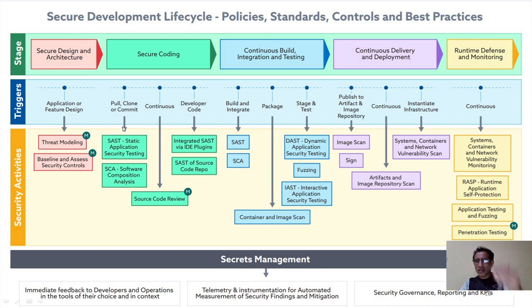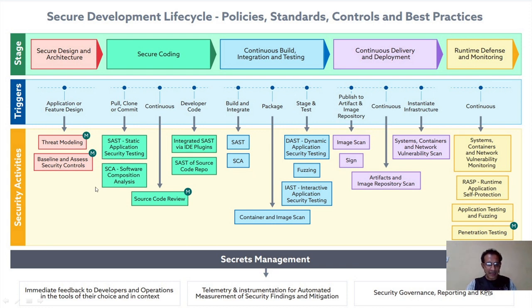So from this last stage, runtime defense and monitoring, it's already continuous: systems, containers and network vulnerabilities monitoring, RASP, runtime application self protection, application testing rules, and penetration testing, continuous penetration testing. Those are the testing segments and methodologies applicable in this management system.